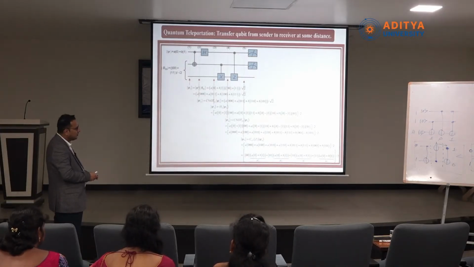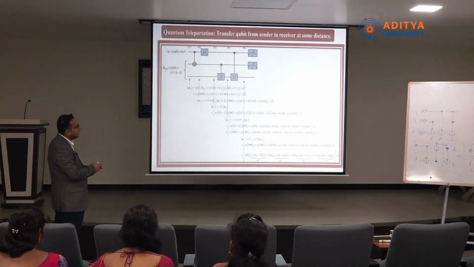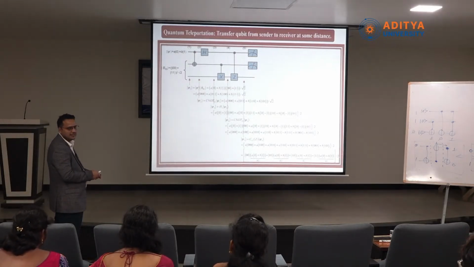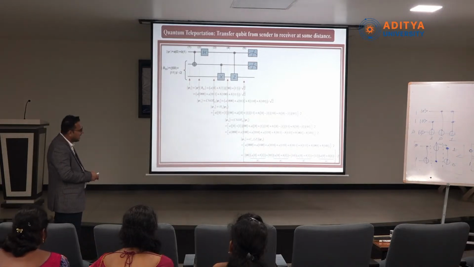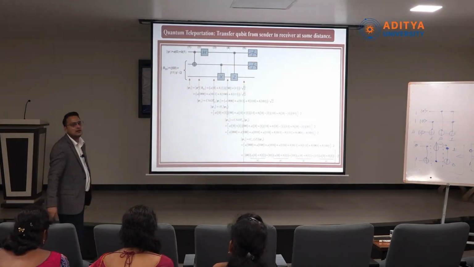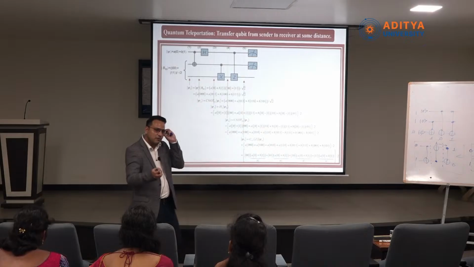Okay. Now, after getting this, we are applying this measurement operation. And after just applying these measurement operations, we are getting these resultants. Okay. Because the initial 2 qubits have been separated out with 0 0, 0 1, 1 0 and 1 1. Understood? And the last qubit is remaining in the quantum state that we wanted to send.